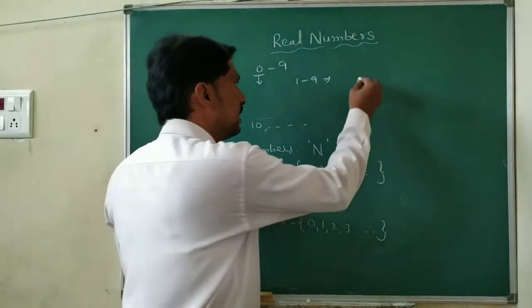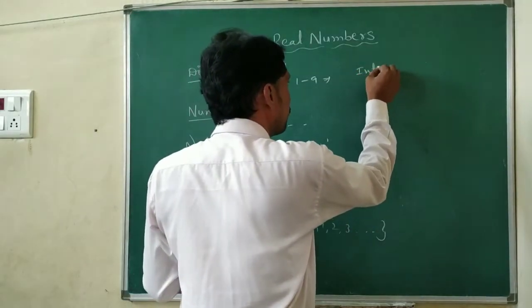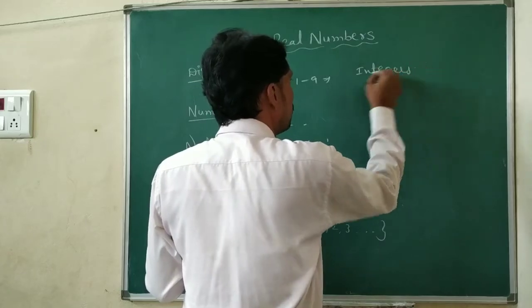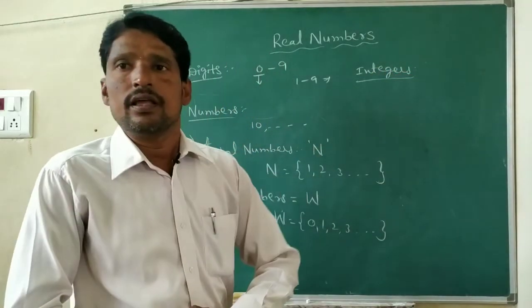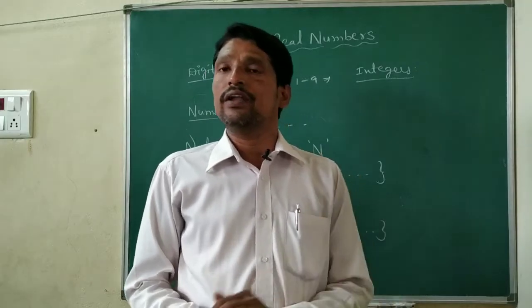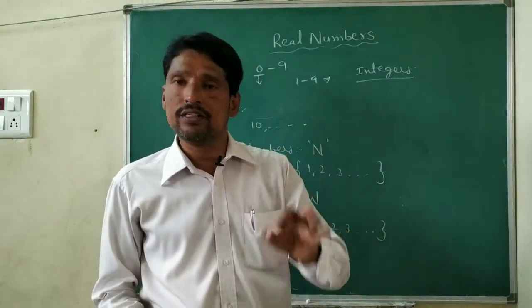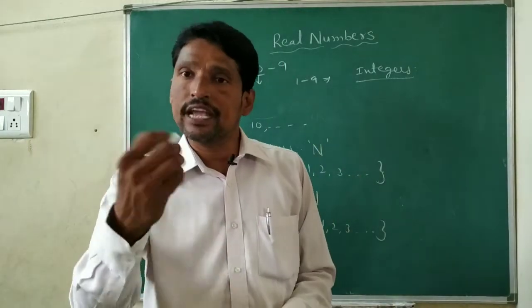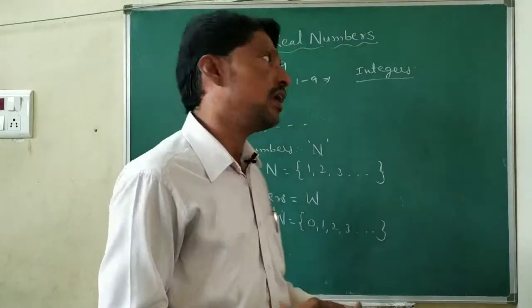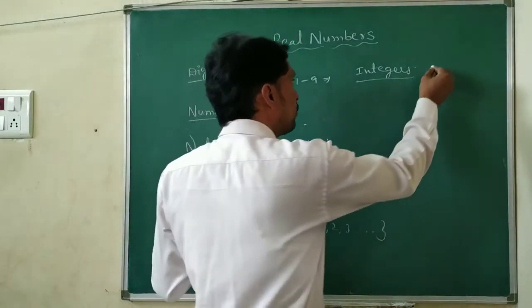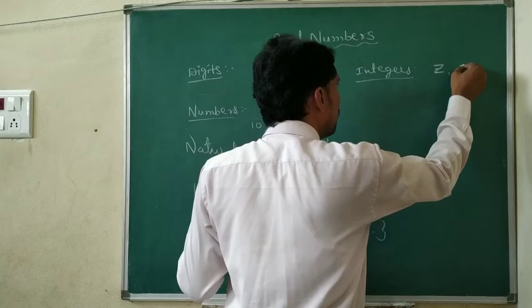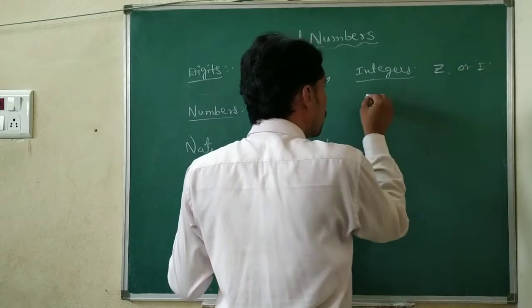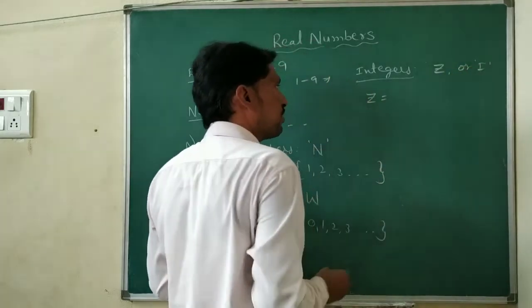Next, integers. What are integers? The positive values and negative values including 0 are called integers. It is denoted by Z or I, though most of the time we use Z only.